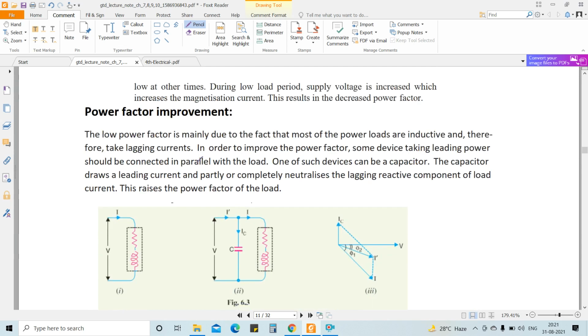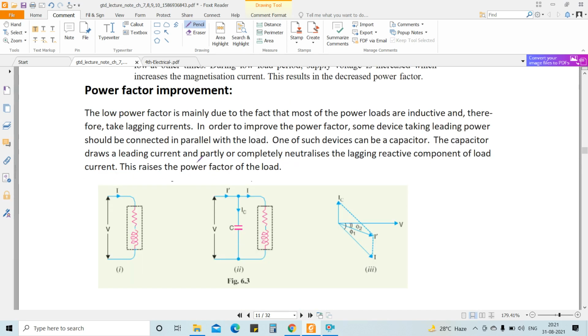So the next part is how to improve power factor. Let's see. There are some electrical parts or electrical equipment we use in the power system to improve the power factor.